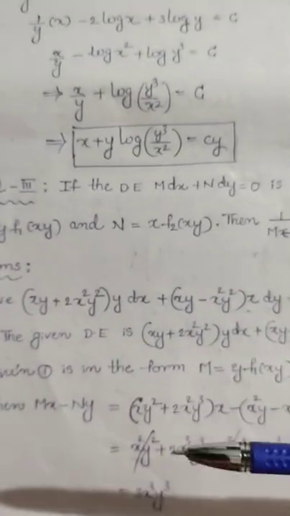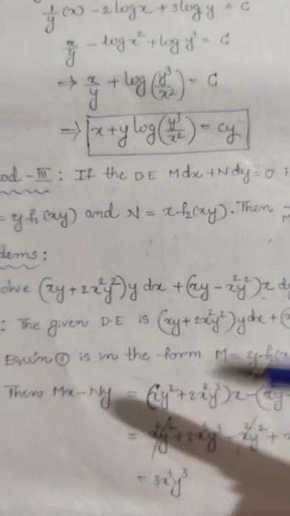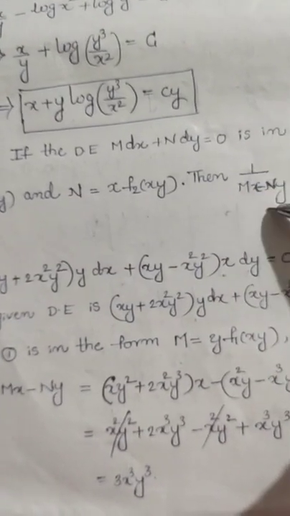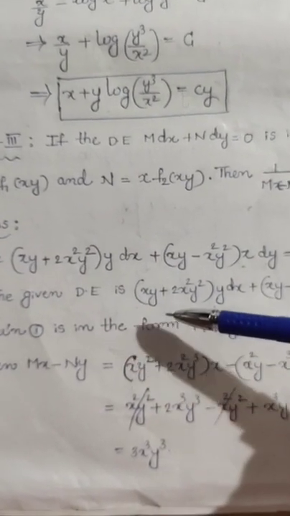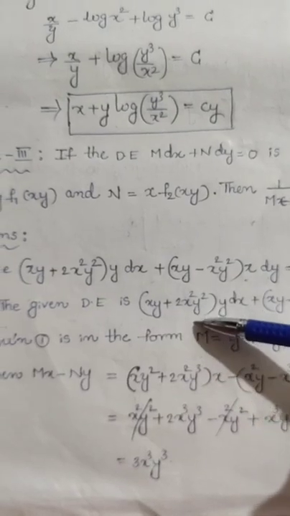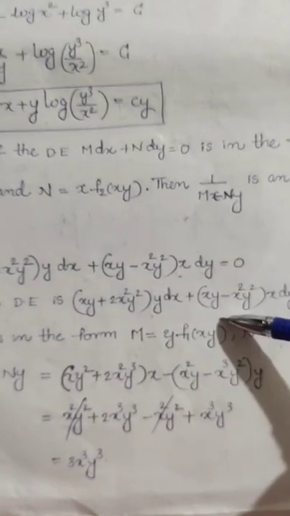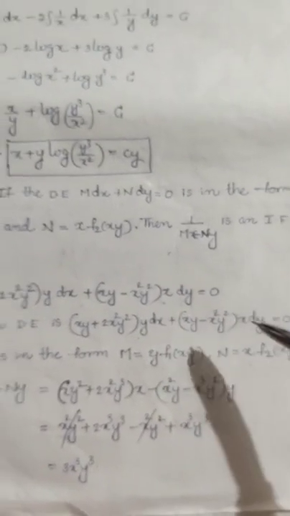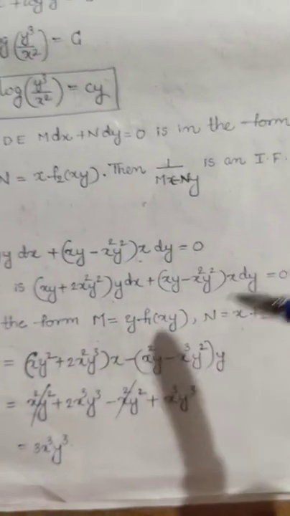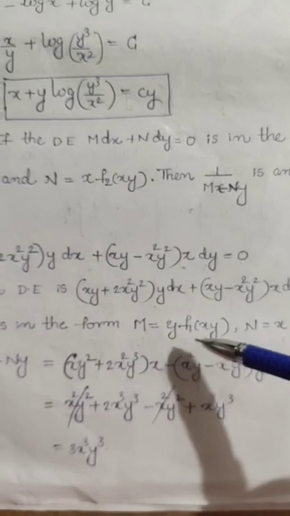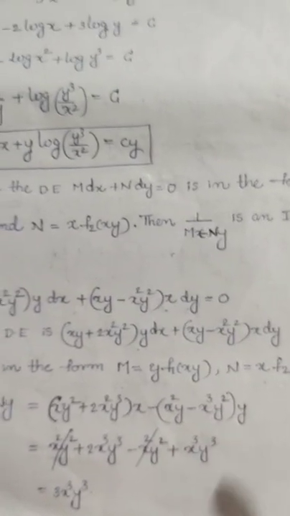So this is method 3 of integrating factor, then 1 by (Mx minus Ny) is an integrating factor. The given differential equation can be written as (xy plus 2x square y square) y dx plus (xy minus x square y square) x dy equal to 0. This equation 1 is in the form of M equal to y into f1 of xy and N equal to x into f2 of xy.